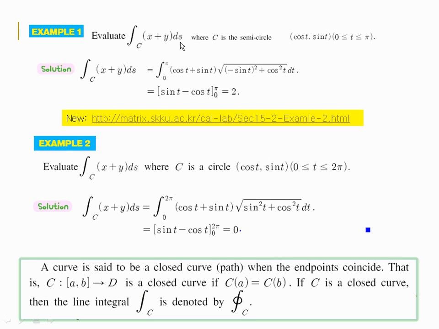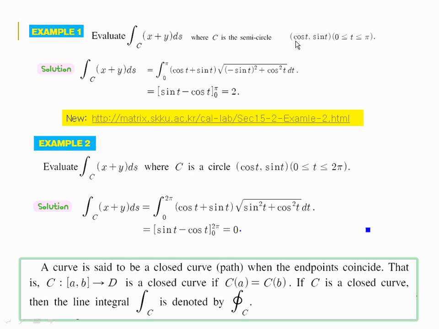Here is an example. Suppose we want to integrate x plus y on the semicircle. So x is equal to cosine t, y is equal to sine t, and t moves from 0 to pi. Then the integral of x plus y can be written as follows.